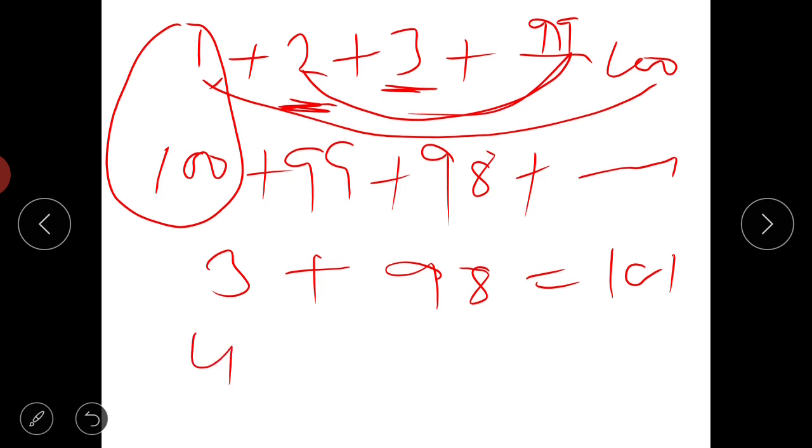If you add the fourth and the fourth from the last, that is 97, that also gives 101. Got it or not?